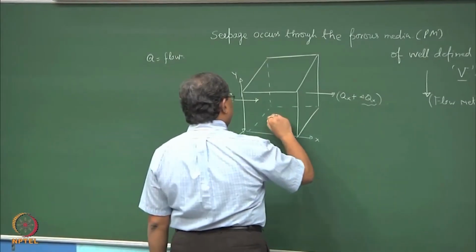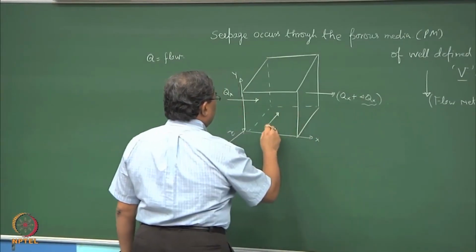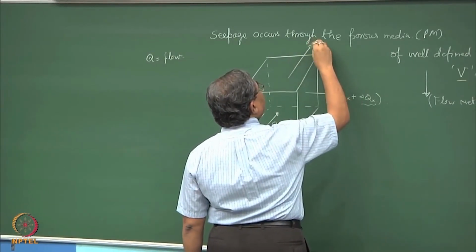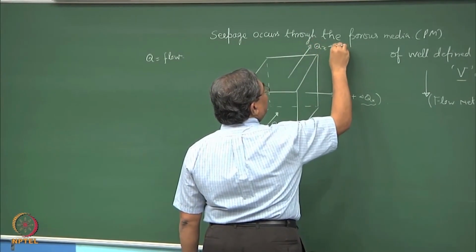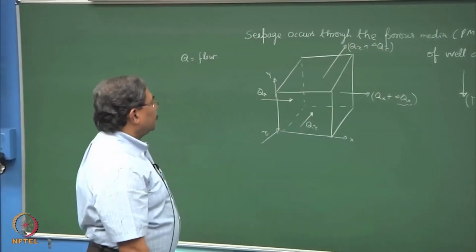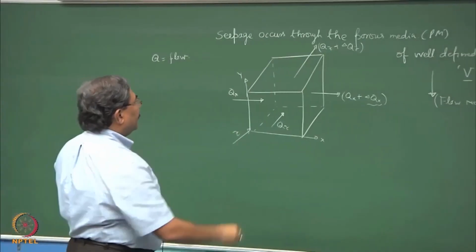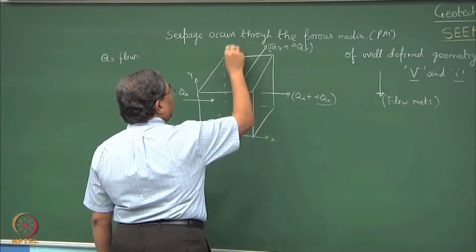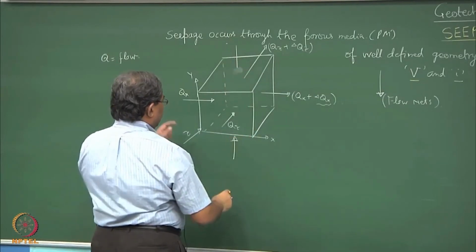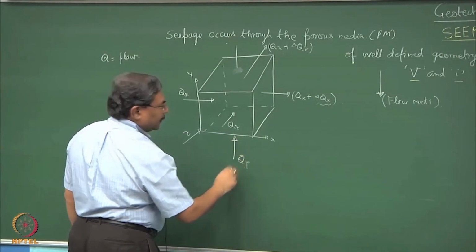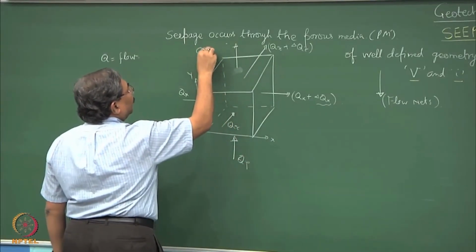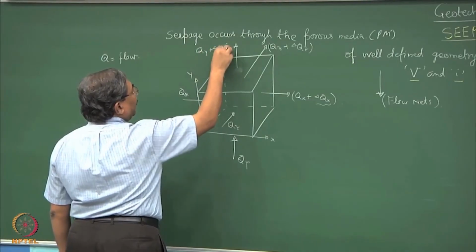In the z direction, this is Qz, and what comes out of the system is Qz plus delta Qz. Similarly, in the y direction, I can show that Qy, or for the sake of signs, you can say this is the Qy which enters the control volume, and what comes out is Qy plus delta Qy.